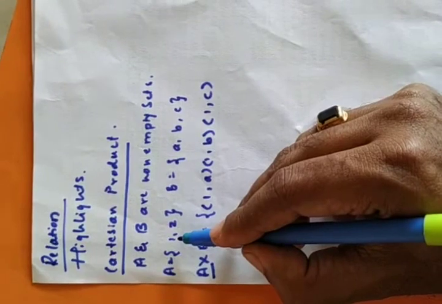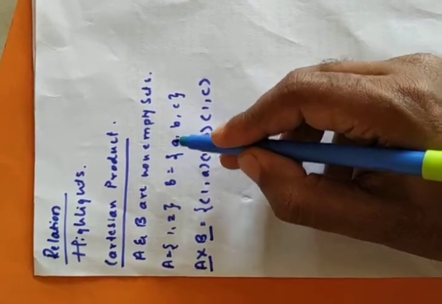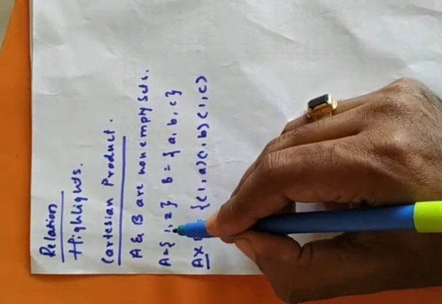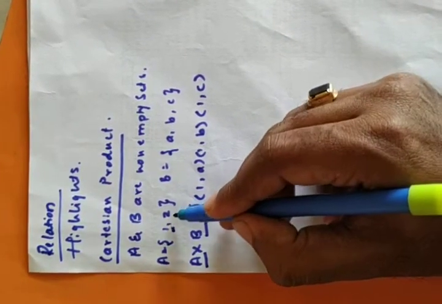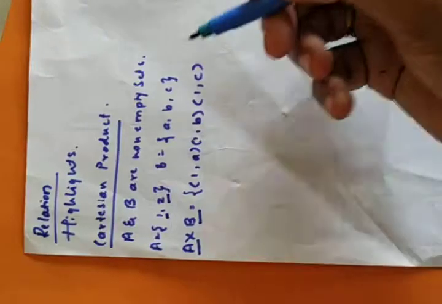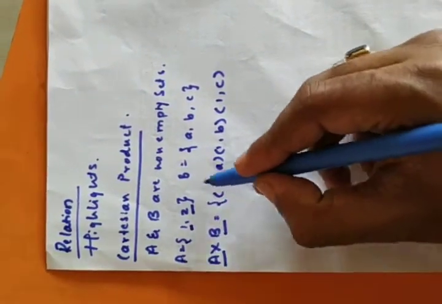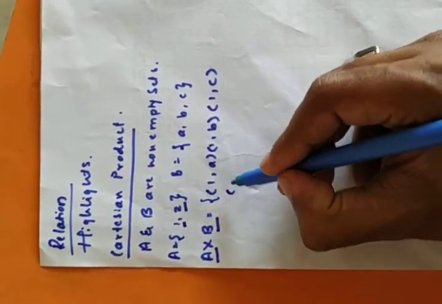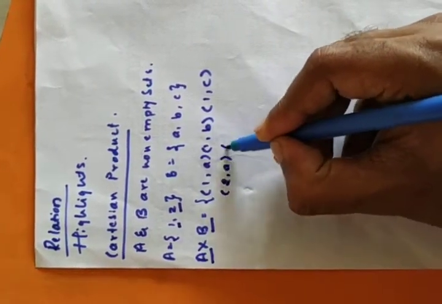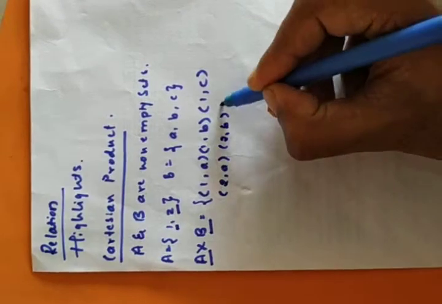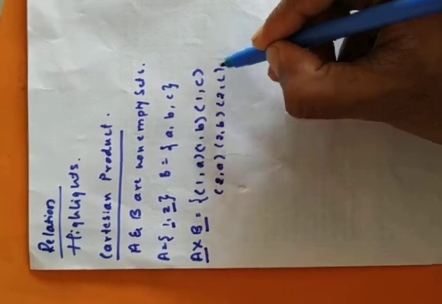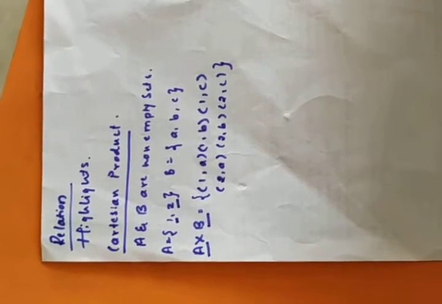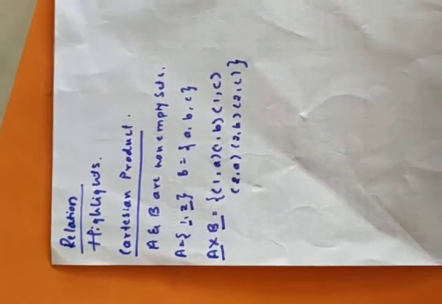The first element is paired with every element of the second set. Then the second element from set A is again paired with each and every element of set B. We can write this as (2, a), (2, b), (2, c). So this is how to write the Cartesian product of A into B.